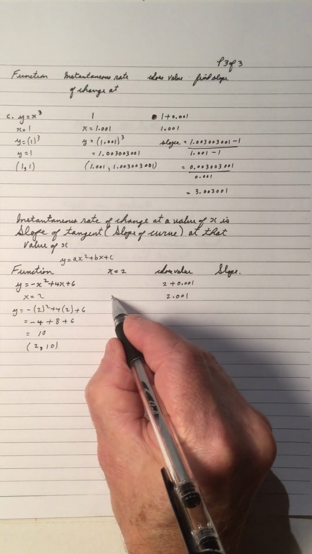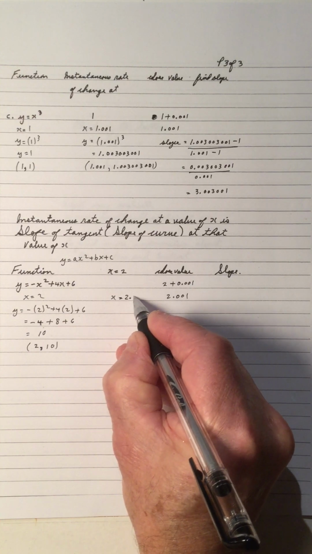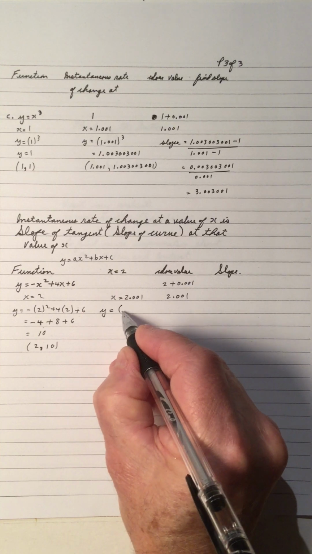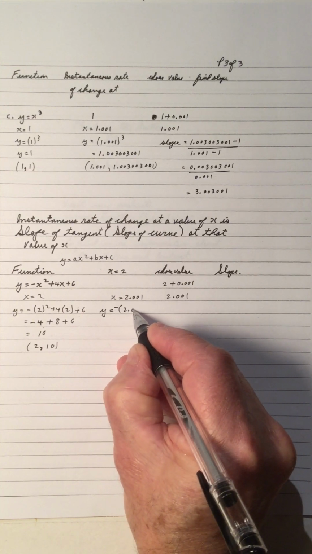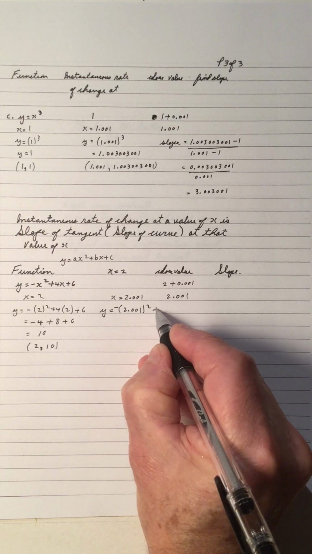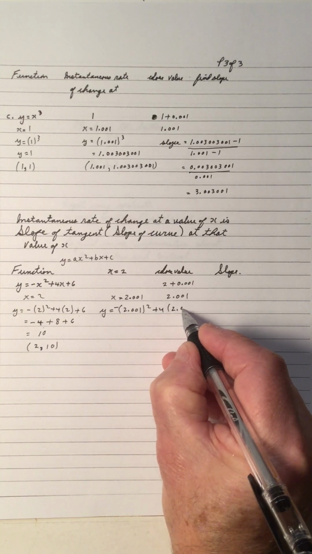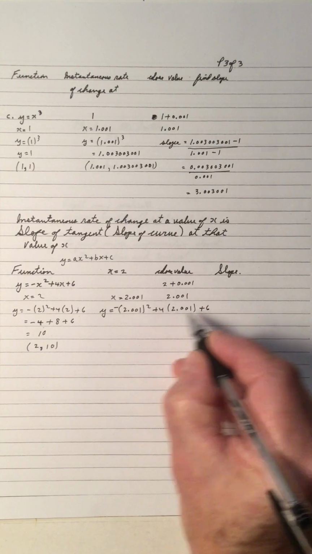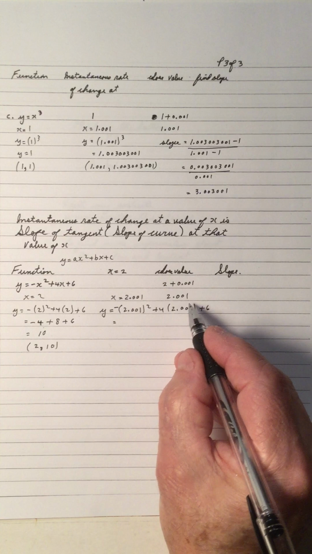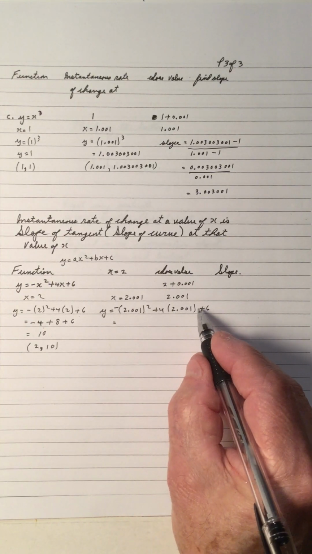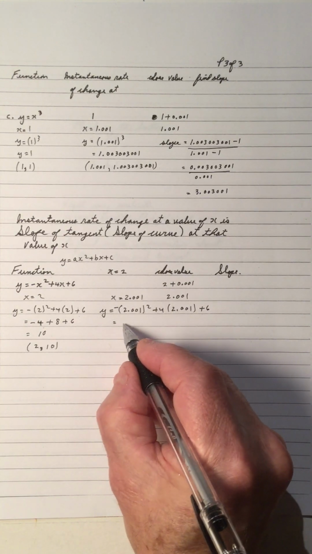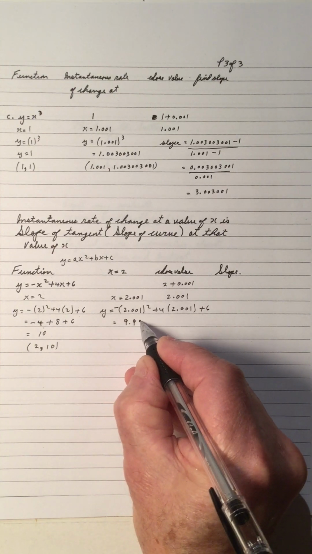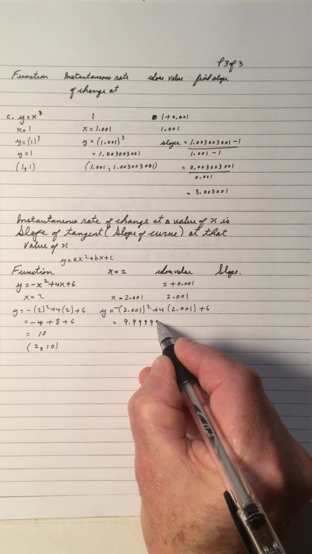Now we take x close to it, 3 decimal places. So we substitute that in. So we get negative 2.001 squared plus 4 times 2.001 plus 6. Again, instead of working these out individually, I plug them into my calculator, and when I work this out, I get 9.999999.